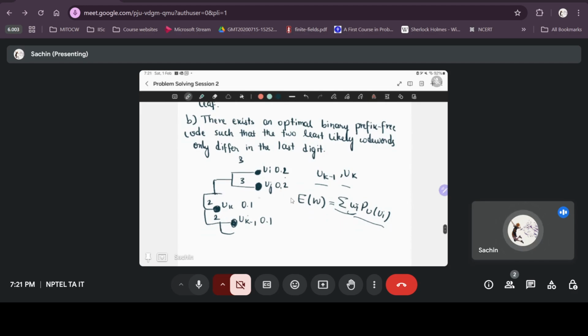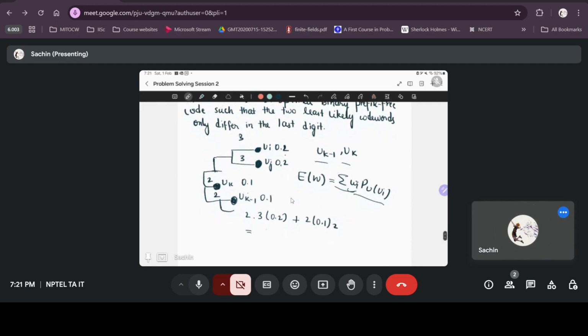Then the contribution from UI, UJ, UK, and UK minus 1 in the original code towards the average code word length would be 3 times 0.2 twice plus 2 times 0.1 twice, which is 2 times 0.6 plus 0.2, which is 1.6.